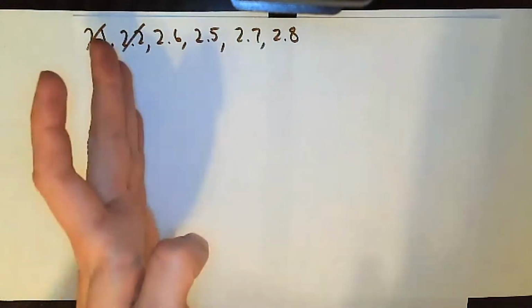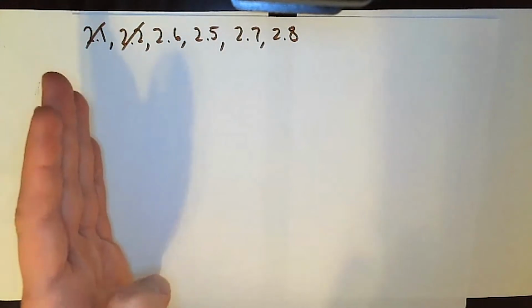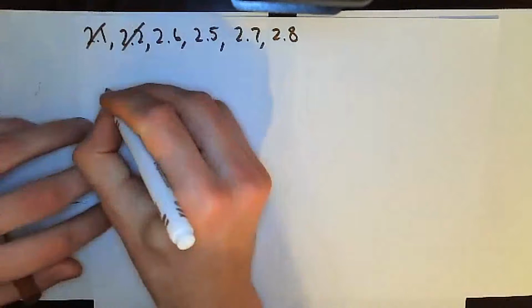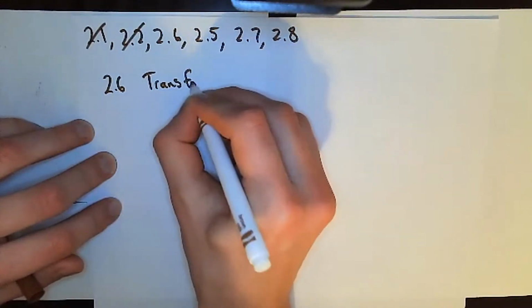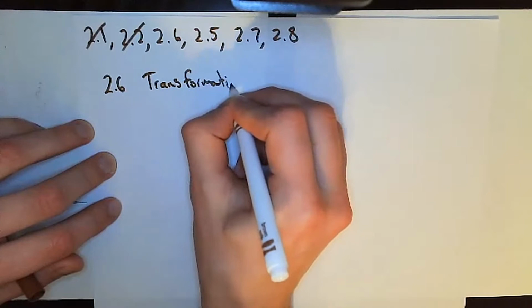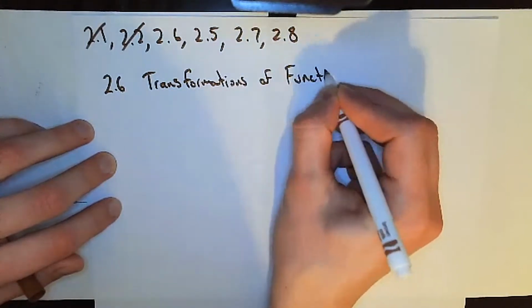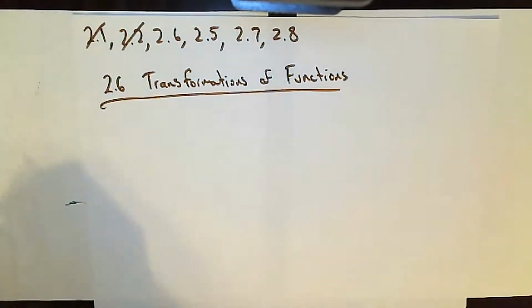But since we do jump straight from 2.2, it makes more sense to just go ahead and move straight into 2.6. So that's what we're going to do here. Transformations of functions.